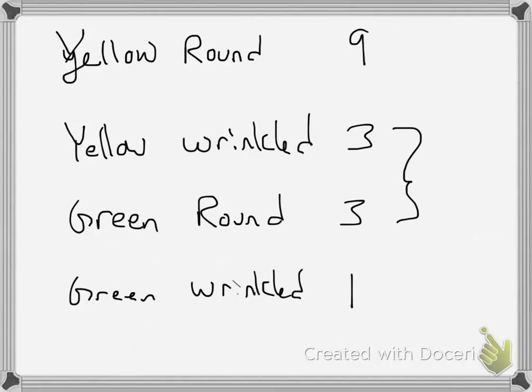And so that generation of new phenotypic combinations suggests that how the yellow-green alleles assort, and how the wrinkled-round alleles assort, is not dependent on each other, meaning you can get a yellow seed that is wrinkled, and you can get a green seed that is round, even though the original parents, the P, were yellow round and green wrinkled. All of the F1s were yellow round, and now we have these new types.